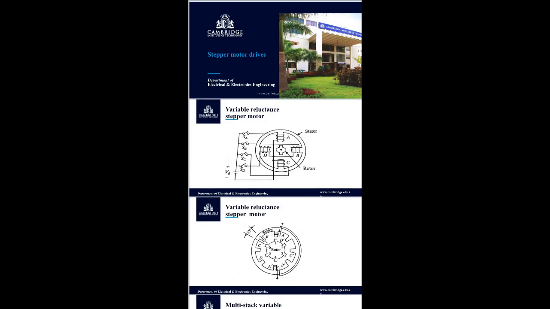The step can be reduced from 90 degrees to 45 degrees by exciting phases such as A plus B, B plus C, C plus D, D plus A and back to A. In the second figure you can see the procedure when the step angle is reduced from 90 degrees to 45 degrees. Both phase A and phase B are excited.